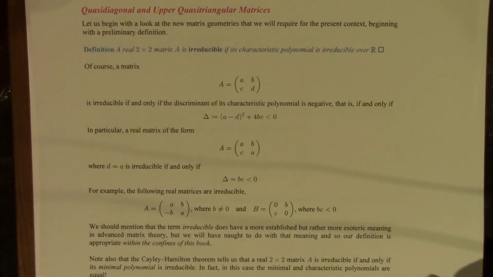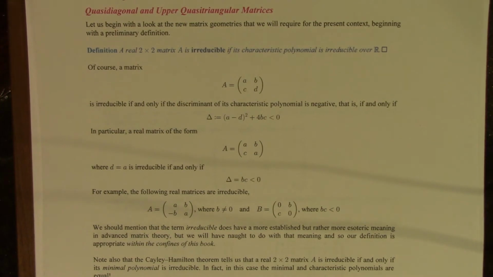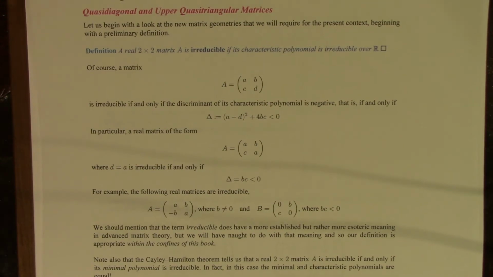So we're not going to have anything to do with that, and there'll be no conflict. Within the confines of this book and this course, we will use the term irreducible in the way I have just done. Chances are, if you encounter someone and you want to discuss this, they won't even know about the other use of the term. But you still should say, this is a borrowed term, so there can be no confusion.